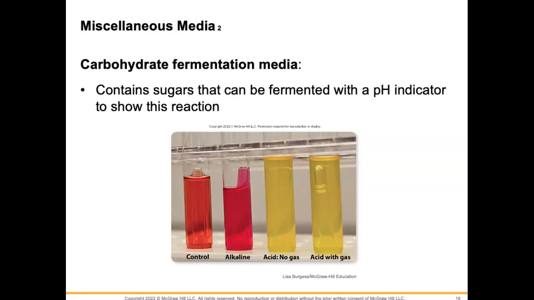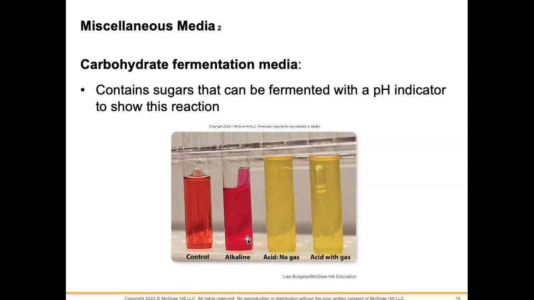More miscellaneous media: carbohydrate fermentation media. This contains sugars that can be fermented by certain organisms, and there's also a pH indicator that shows this reaction. Microorganisms that have the ability to ferment carbohydrates or sugars will show a difference in color, and that will show these different results.